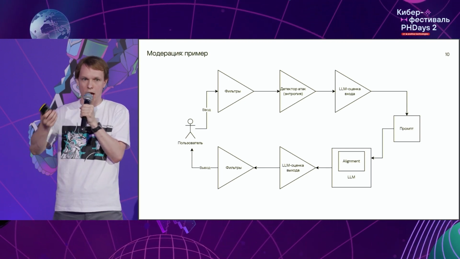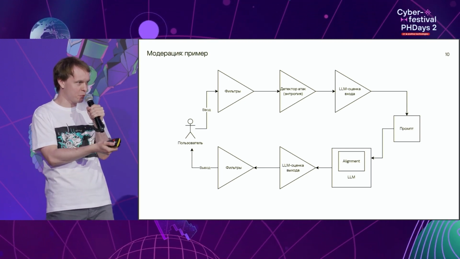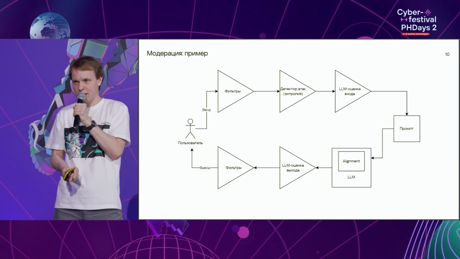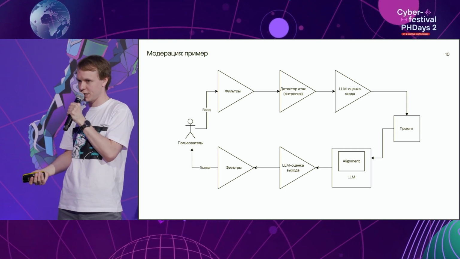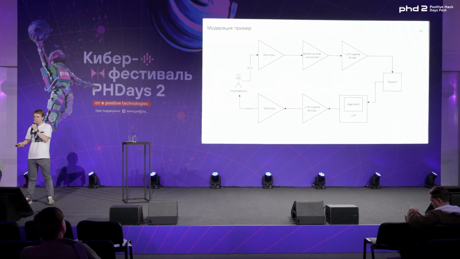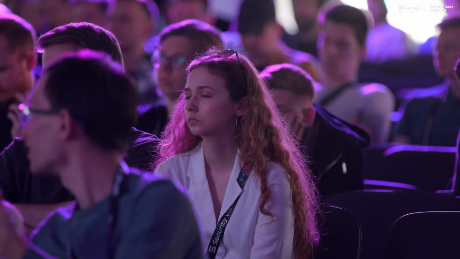We can use this language model and ask it, this prompt the user is giving you, is it malicious or not? If the model says, yes, it is malicious, we further refuse the processes. If it says it is okay, we then submit the full text of the prompt generated by the user.